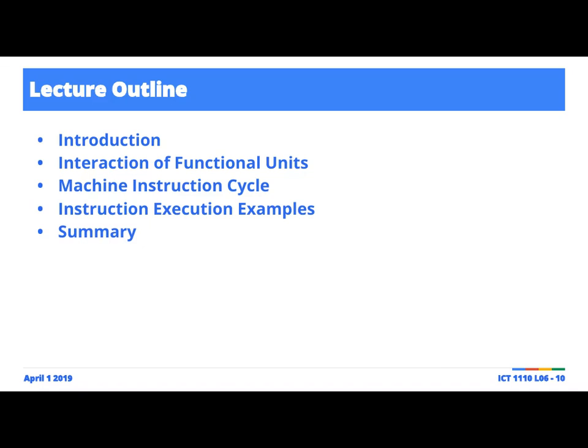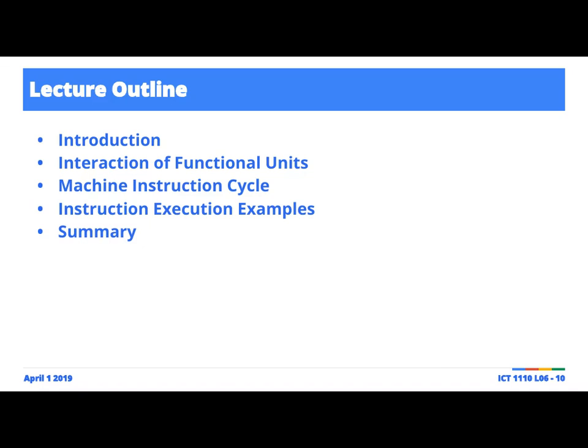The control unit and the ALU make up the central processing unit. Within the CPU there are other components besides the control unit and the ALU, specifically the registers. What else is important within the CPU? Buses, right.